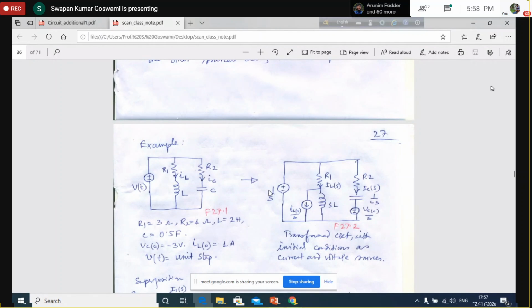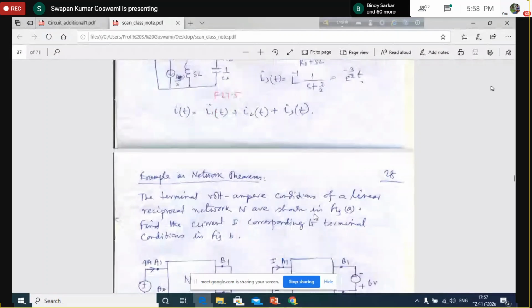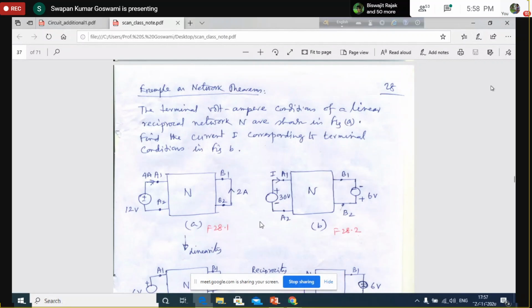Okay, but I cannot proceed with this discussion today because the Laplace transform has not yet been done to that extent. And then I shall consider another example where the application of the reciprocity theorem will be very much there. Unless you understand the reciprocity theorem properly, following this example will be a bit difficult.